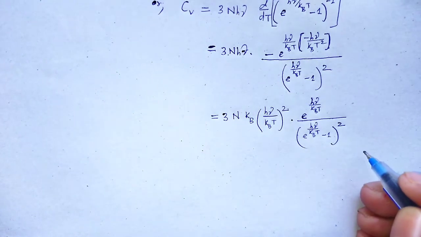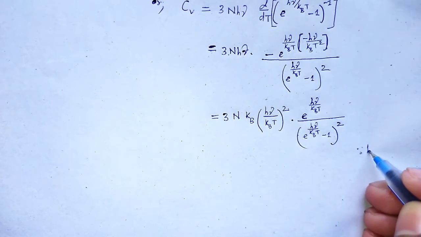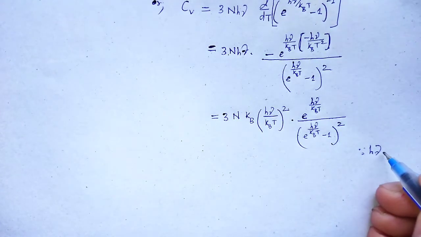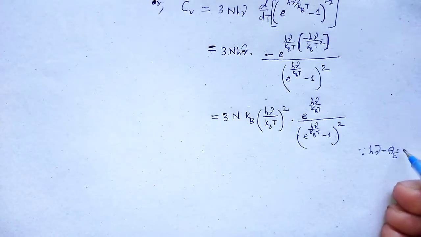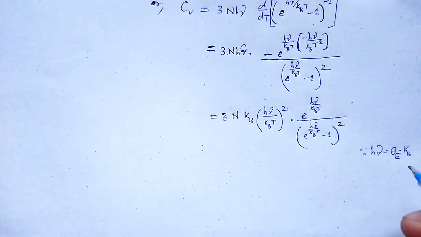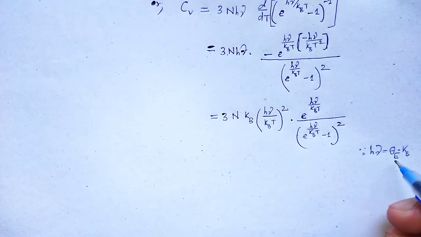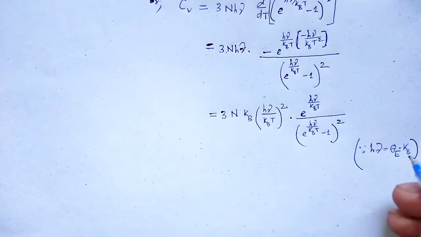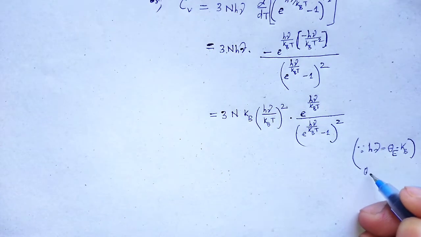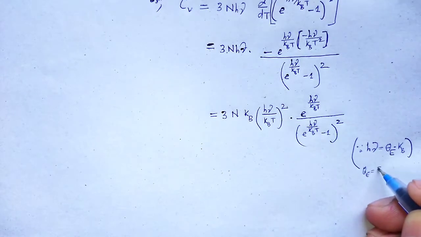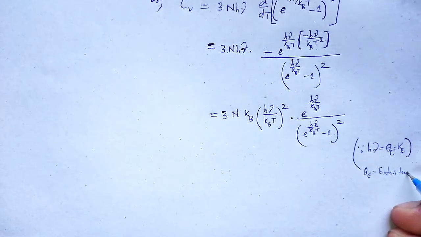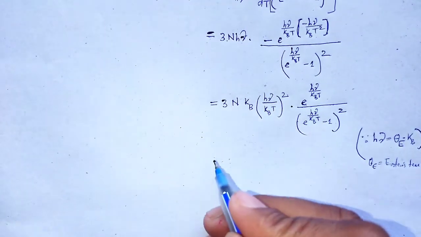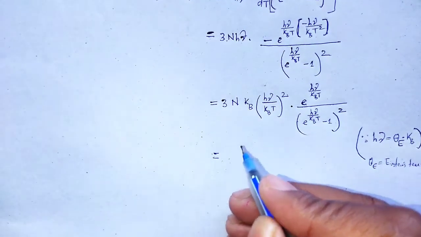Again we use a term in place of h nu, that is theta E into kB, where theta E is Einstein's temperature.